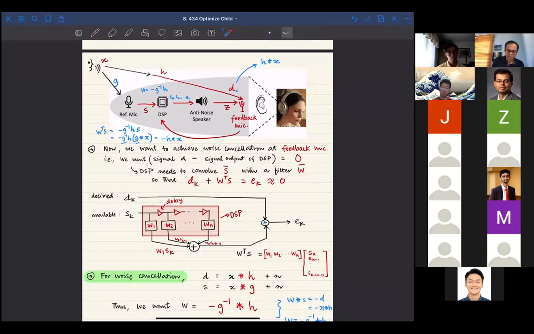Okay, the answer is the feedback microphone is constantly giving the EK back to the DSP, constantly, right? If the head is still and the sound source signal is still and the environment is still, the EK is 0, 0, 0, epsilon, epsilon, 0, epsilon, 0. I move my head, EK is 20. DSP says, oh my goodness, right?